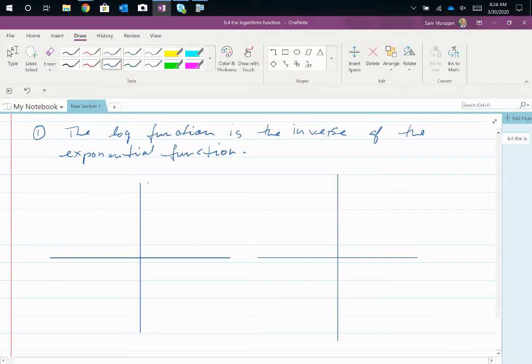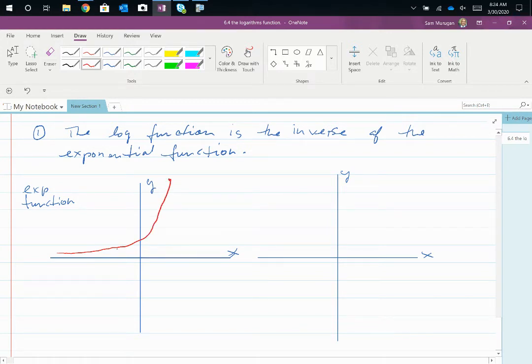Okay, so we've got y and x. And recall that the exponential function had the form where it did this and then did a steep increase.